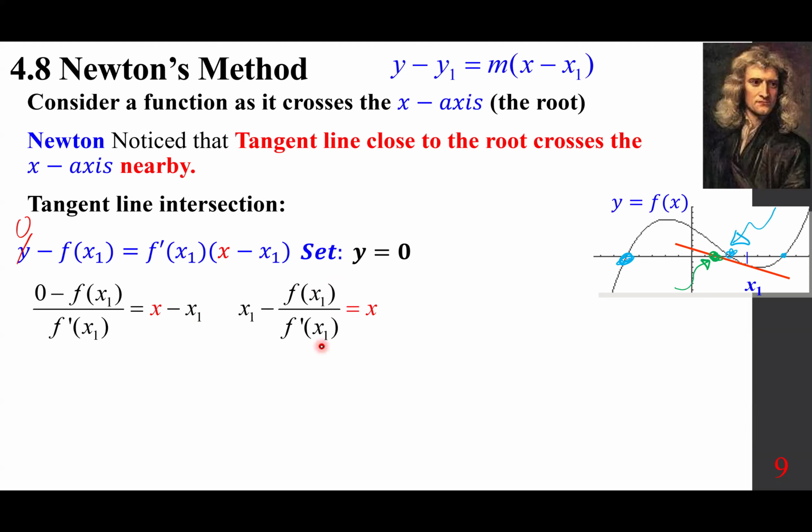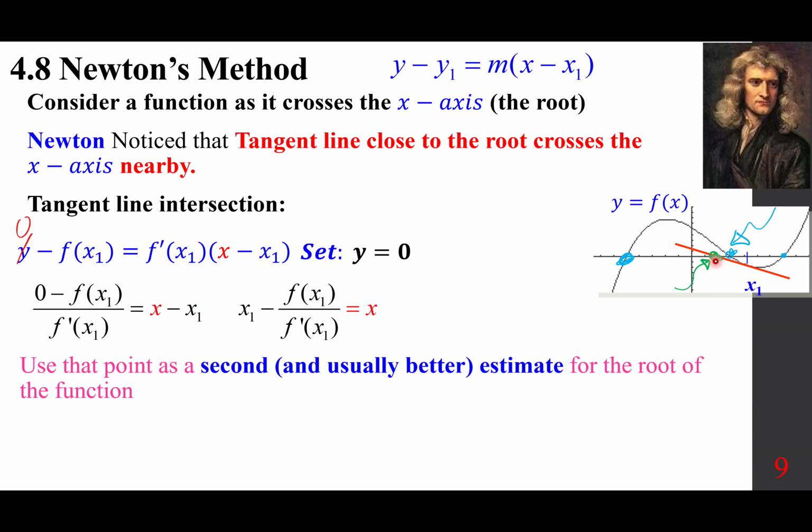So with this process, you take the tangent line and set y equal to 0. This finds this point, which is the x-intercept of a tangent line, not the curve. Now use that point as a second and usually better estimate for the root of the function.